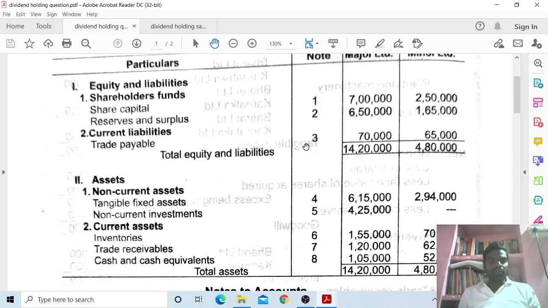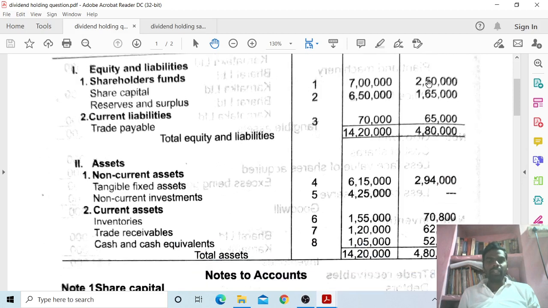First, equity and liabilities. Under shareholders' fund, share capital, note number 1: Major company 7 lakh and Minor company 2,50,000.